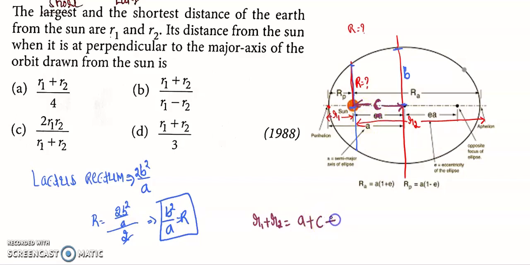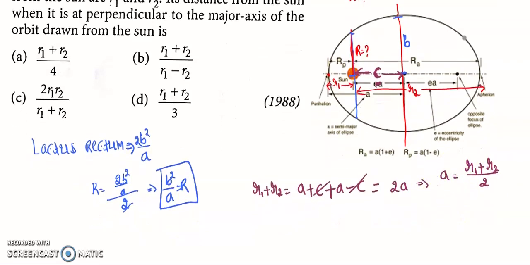Then plus r2, which is a minus c. So plus c and minus c get cancelled, giving 2a. So a is equal to r1 plus r2 divided by 2. So we get the answer for a.